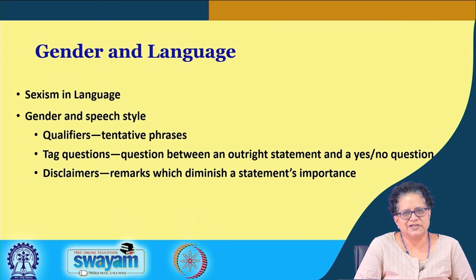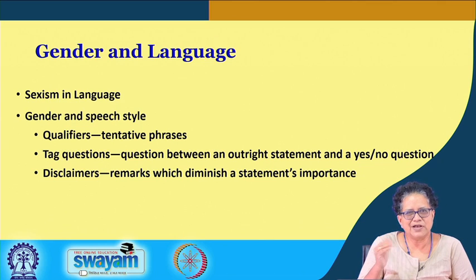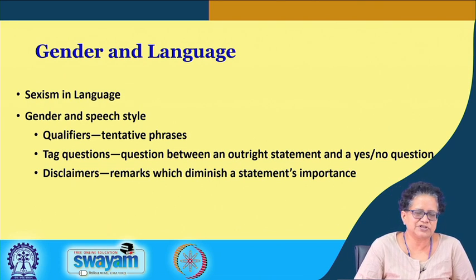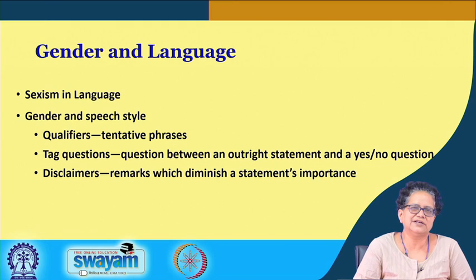The pause in between is the comma in writing. Now, the male counterpart can say, it's going to rain today, full stop: concrete, exact, precise, powerful. But women would generally have tag questions in their speech style. The third component of speech style, as we consider the gender differences of language use, is disclaimers.